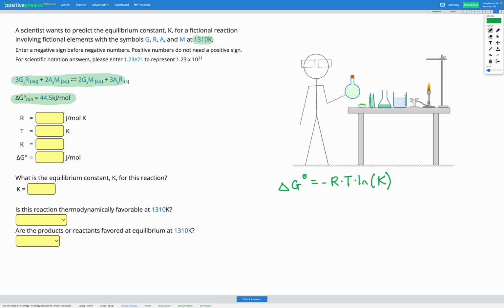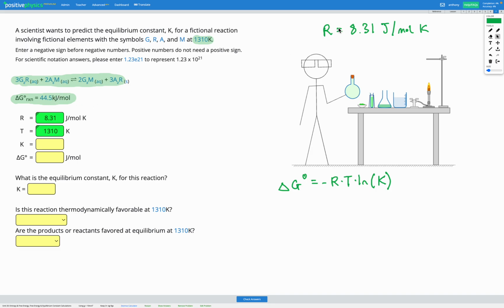So there's our equation, and we know that R, the molar gas constant, is 8.31 joules per mole Kelvin. So we can go ahead and fill in R here. We also know the temperature is 1310 Kelvin. The Gibbs free energy we've also been given, but in units of kilojoules per mole.